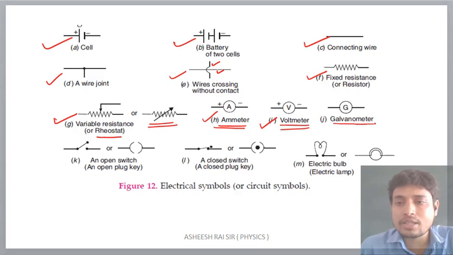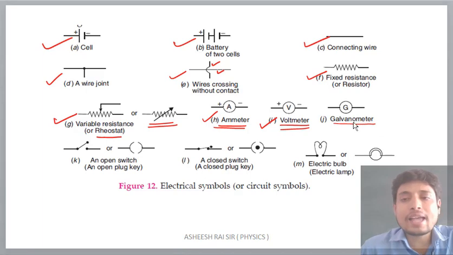And this is the galvanometer. You will learn in higher classes how the galvanometer is converted into the ammeter and voltmeter. Ammeter and voltmeter are mainly made using the galvanometer.